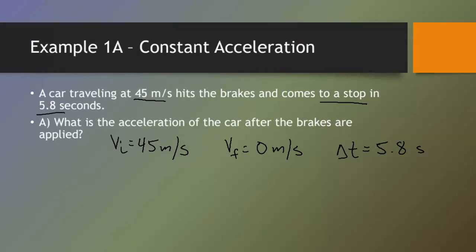To find the acceleration, we can use the equation Vf equals Vi plus A times delta t. Our Vf value is 0. Vi is 45, plus A, which is the thing we're looking for, acceleration, times 5.8.